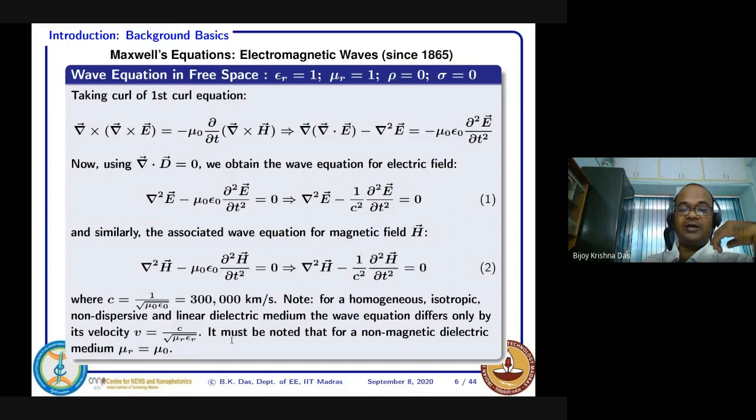And for a non-magnetic dielectric material, of course, mu r equal to, I think this is a mistake here. It should not be mu r equal to mu naught. It should be mu r equal to 1, if it is a non-magnetic material. So this has to be corrected. Okay, fine, so we have this equation.